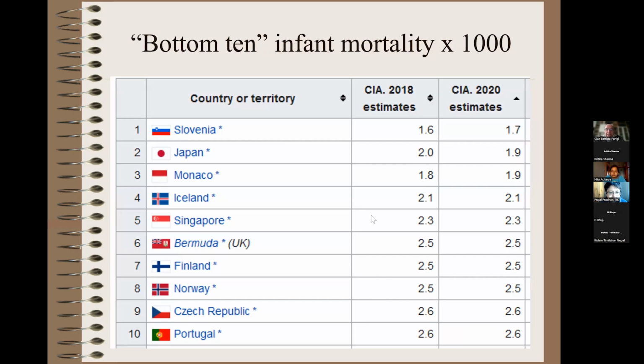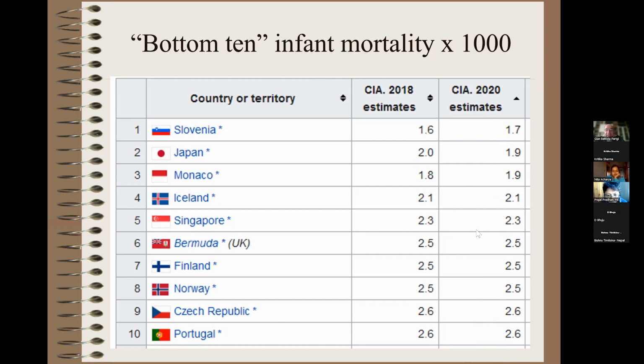If we want to see the absolute data, I took this data from the World Fact Book of the CIA. It was a surprise also for me that the best country in the world is Slovenia, with 1.7 per 1,000 children, and Italy is just a little bit behind, it is 2.7. These are the data at the bottom, infant mortality.